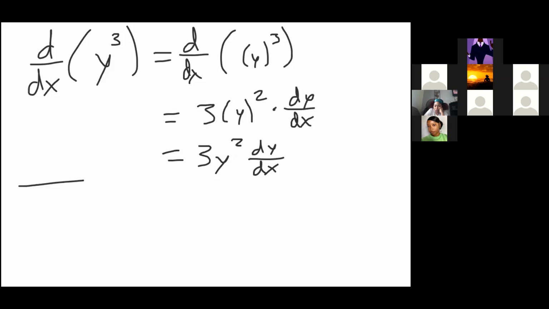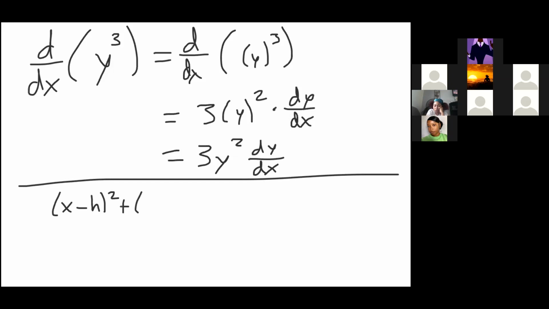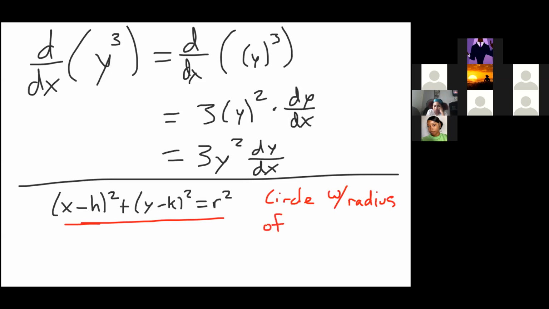If you remember this from pre-calculus, x minus h squared plus y minus k squared equals r squared always creates a circle with radius r, and the center of the circle is at the point (h, k).